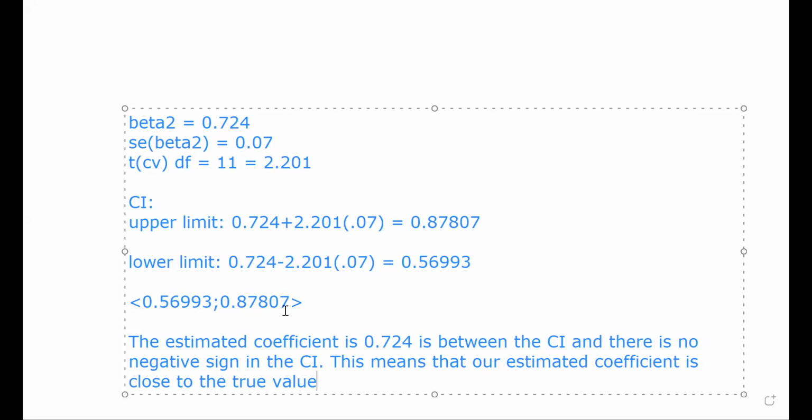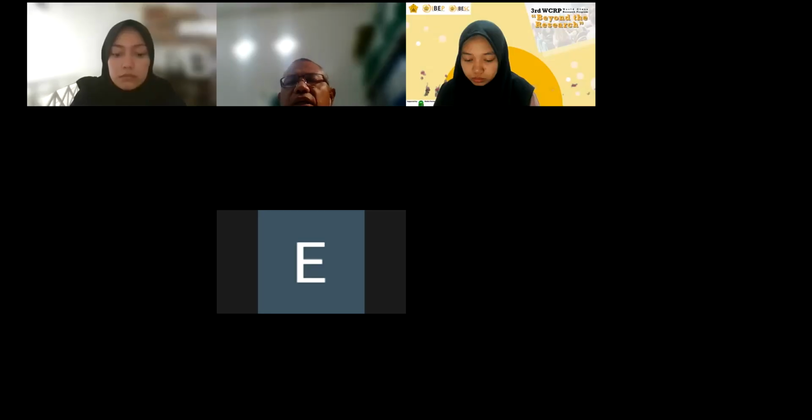This means the beta lies between the lower limit and upper limit, and because we have a positive beta and the confidence interval also has a positive sign, this means the estimated parameter is close to the real or true value. You get it? Any question?